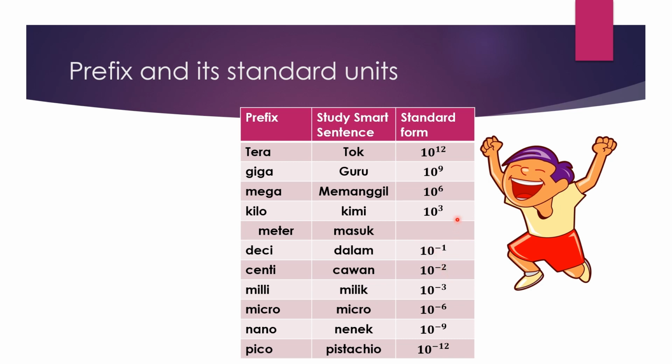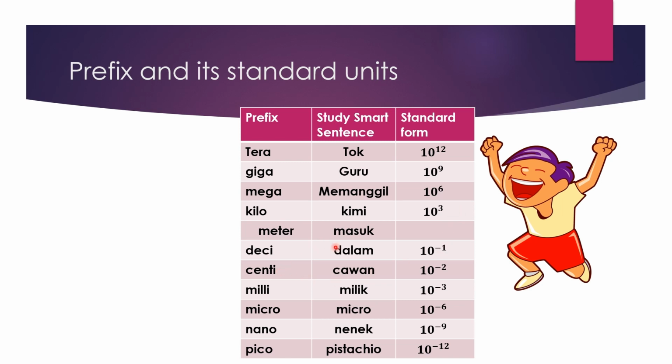The standard forms for the prefixes above meter, which are kilo, mega, giga and tera, increase by multiples of 3. Kilo has a standard form of 10 power 3, mega 10 power 6, giga 10 power 9 and tera 10 power 12.